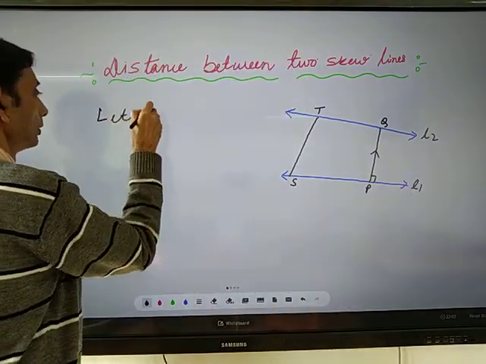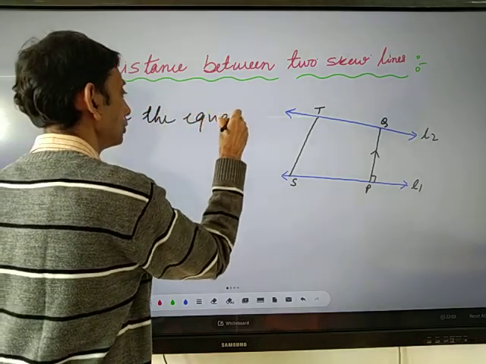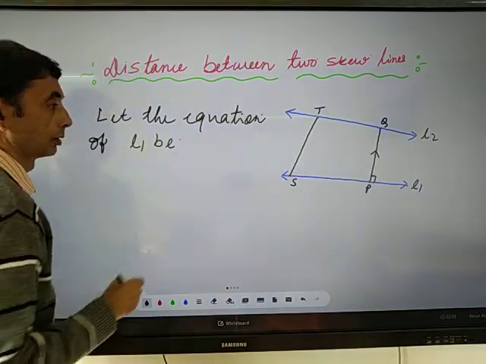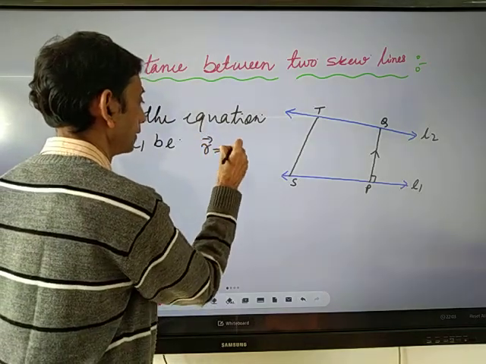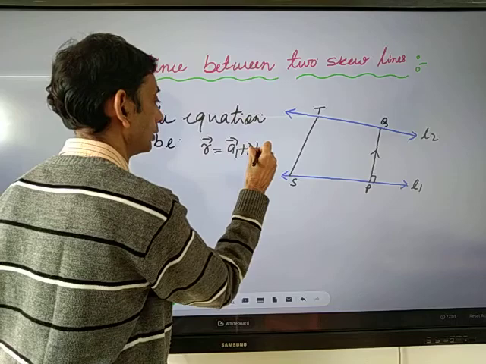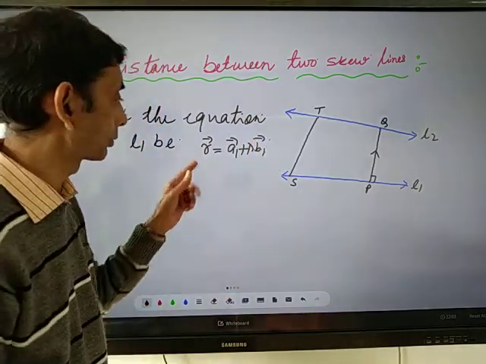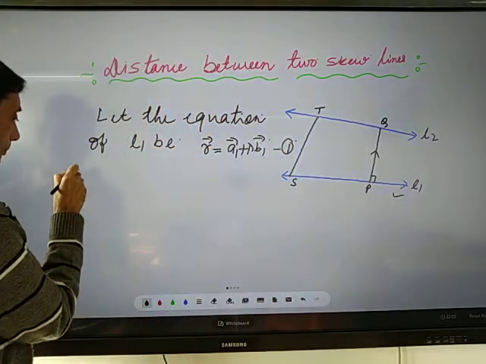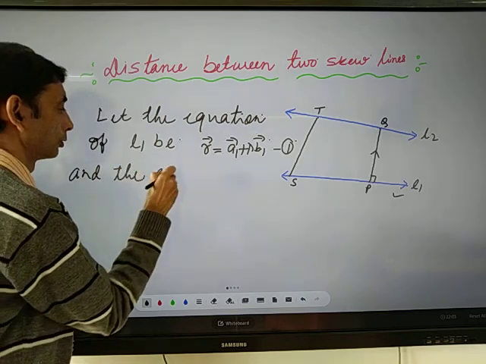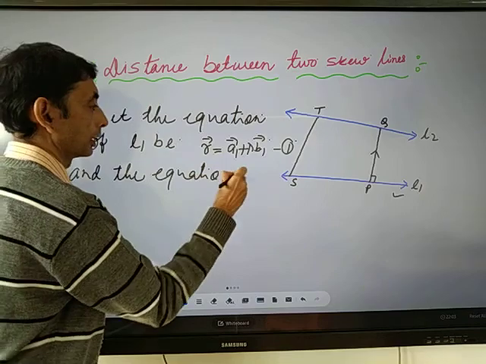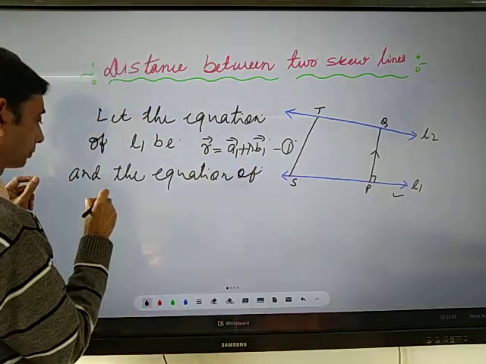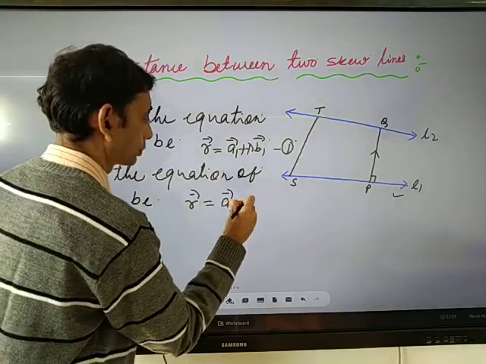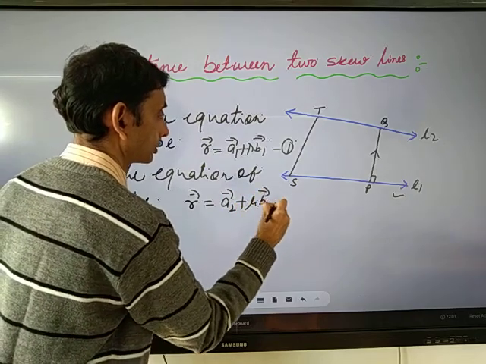Let the equation of L1 be r = A1 + lambda B1, and the equation of L2 be r = A2 + mu times vector B2.